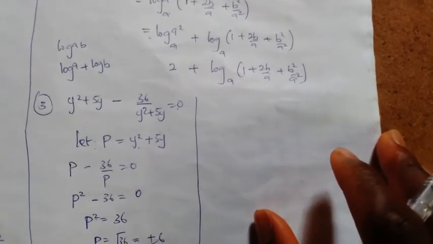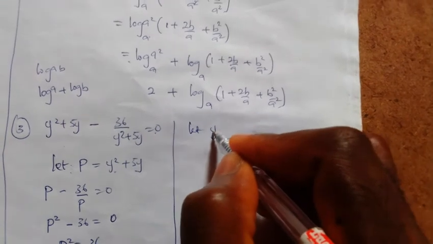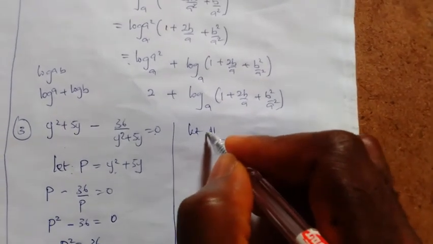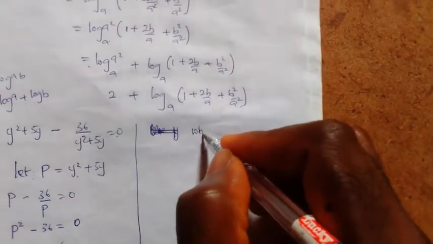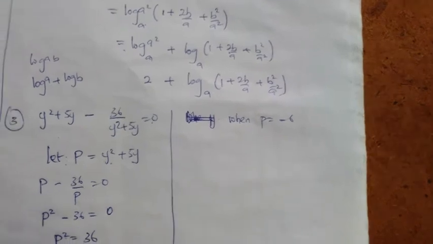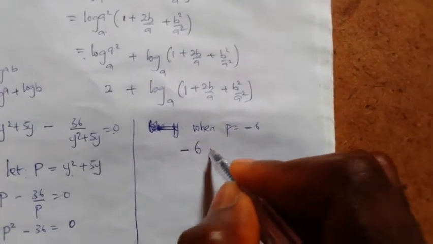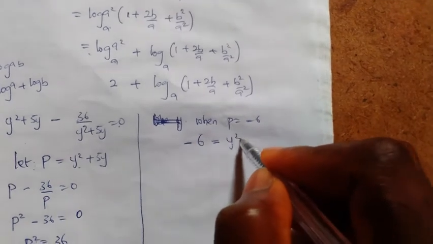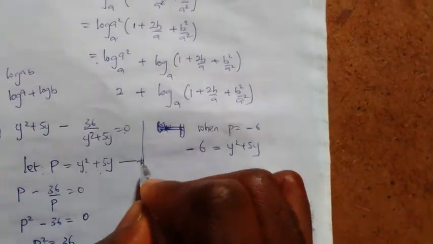Then when p now is equal to minus 6, the negative 6 from this solution here, what will I have? Minus 6 is equal to y squared plus 5y. From this same place, let's call this star also.